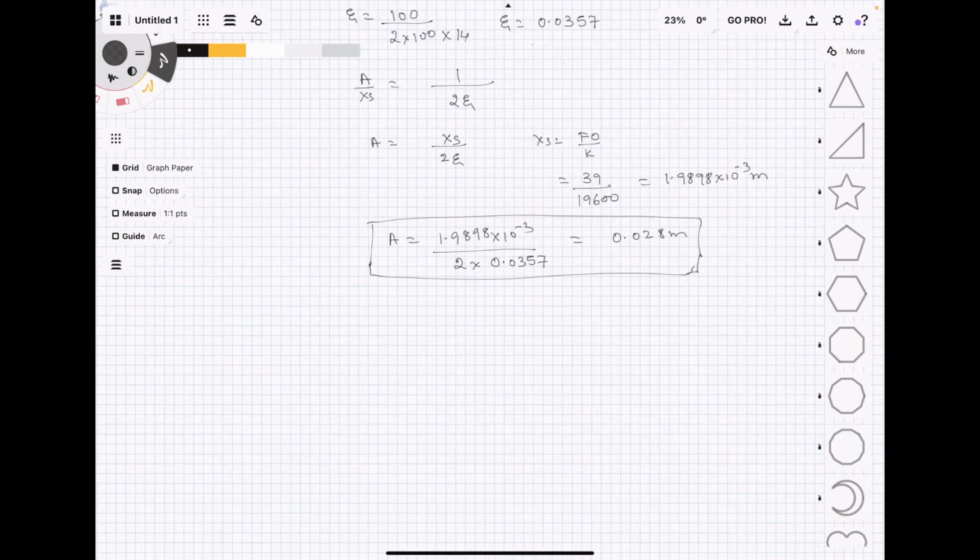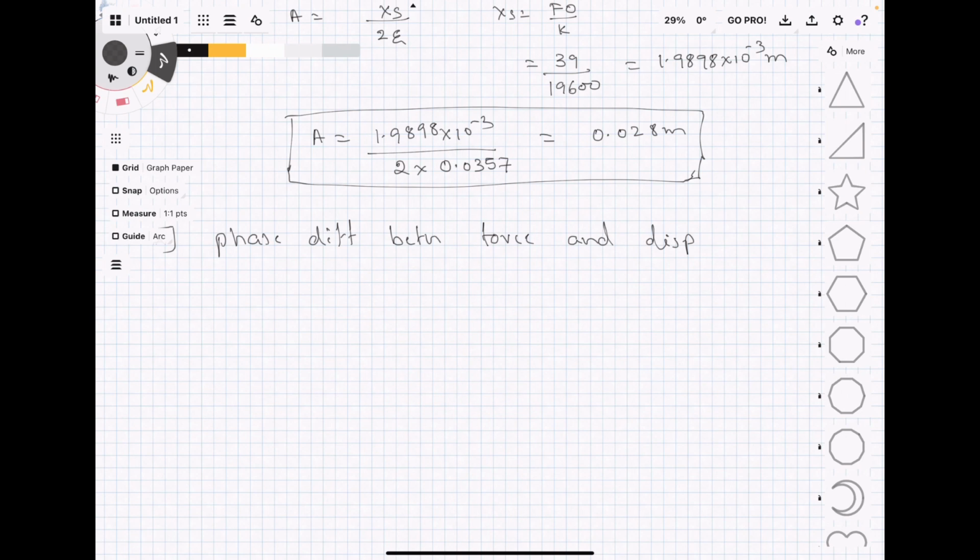Second, if you observe, in the second case they have asked the phase difference between force and displacement. To get the equation for this, we need to go back to the magnification factor derivation.